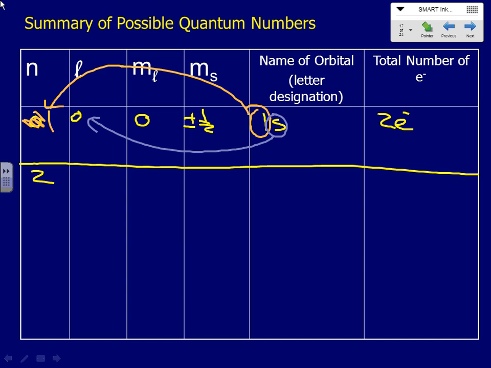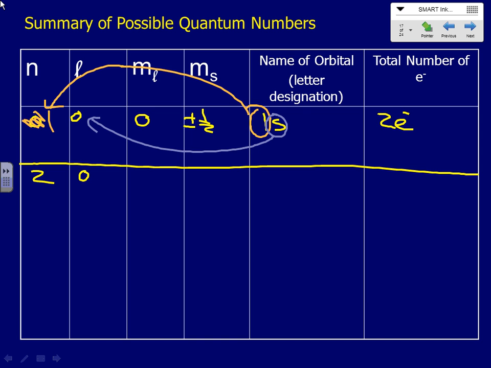Let's now talk about n equals 2. Possible values for L. Yeah, Jason? You're thinking of the MLs. That's all right. 1 and 0.